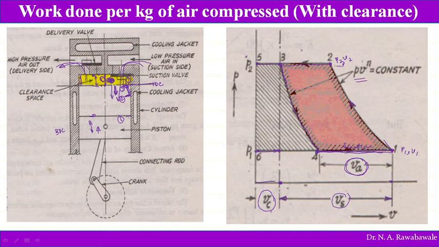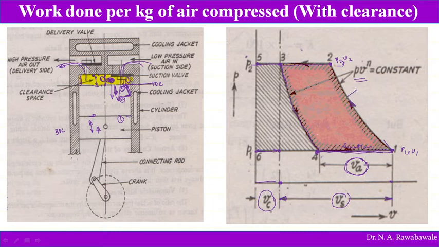This is the clearance volume, then from point 3 to 1 is the swept volume, and 4 to 1 is the actual volume of air sucked. P1 is the inlet pressure whereas P2 is the delivery pressure. Both processes are going to follow a polytropic path.